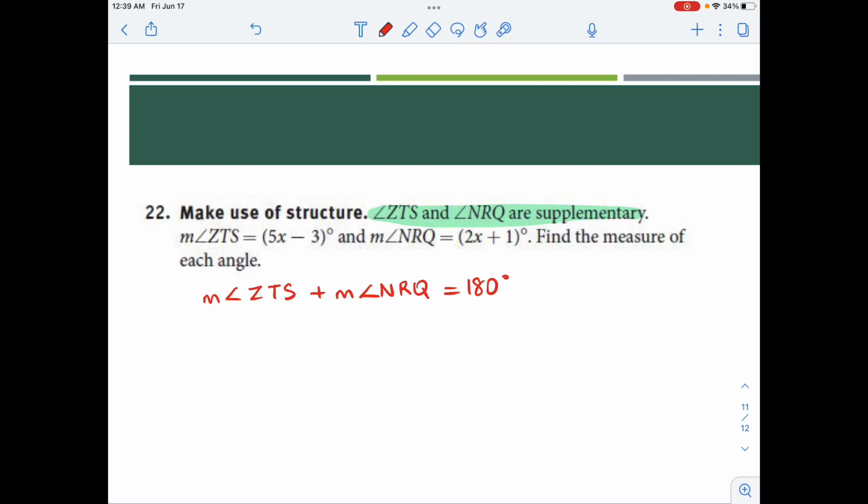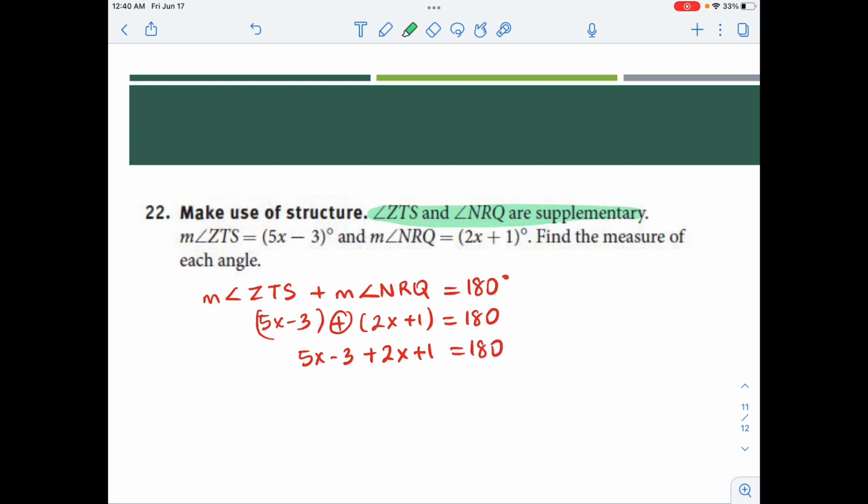Let's substitute 5x minus 3 degrees for measure of angle ZTS and 2x plus 1 degrees for measure of angle NRQ. Okay, then let's get rid of that parenthesis because we don't need it since it's a plus sign here. So 5x minus 3 plus 2x plus 1 is 180.